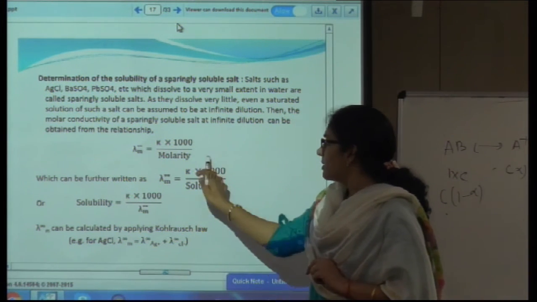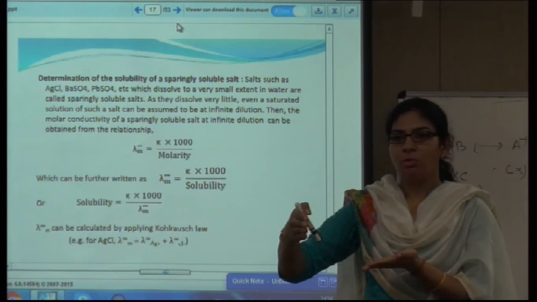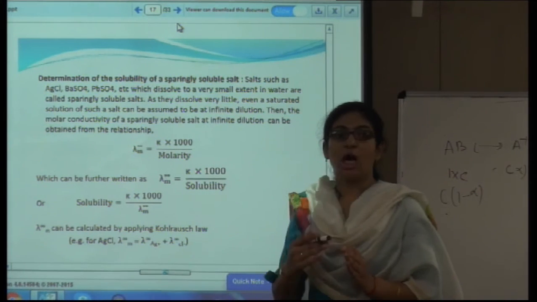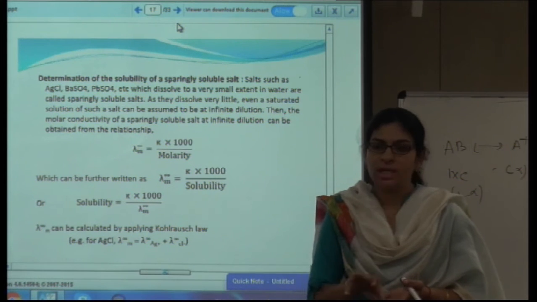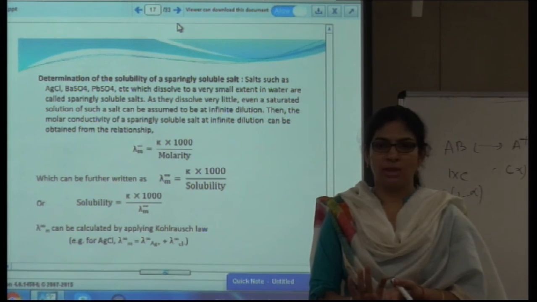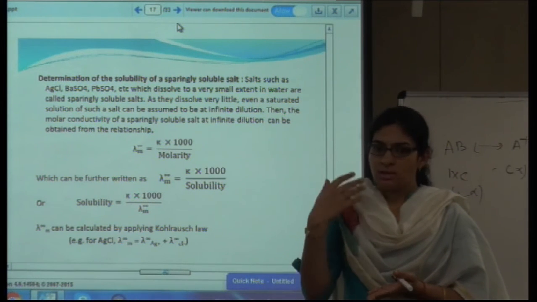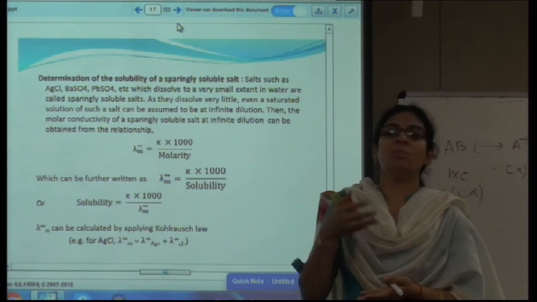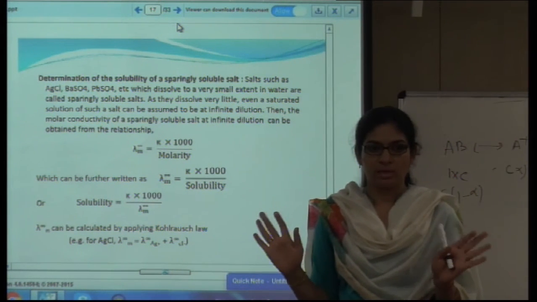Molar conductance is there. Now you see, solubility is different from concentration. How is it different? Because concentration can be lesser than the solubility. Solubility is the concentration when saturation has been reached, right? So it is the maximum amount, but concentration need not be the maximum.